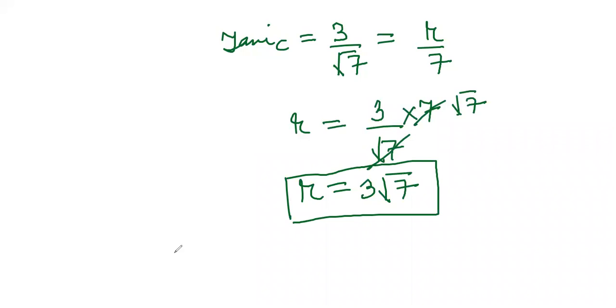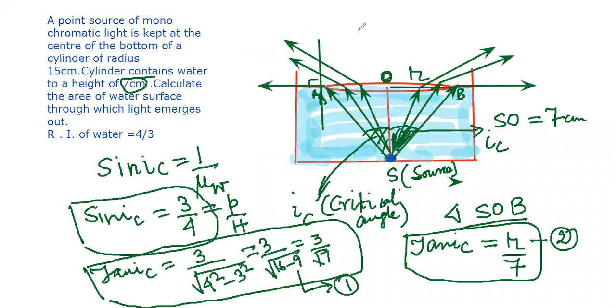So can you see, children? Here we have got the value of the radius. If we have got the value of the radius, then we can obviously find out the area. So what shall be the area?